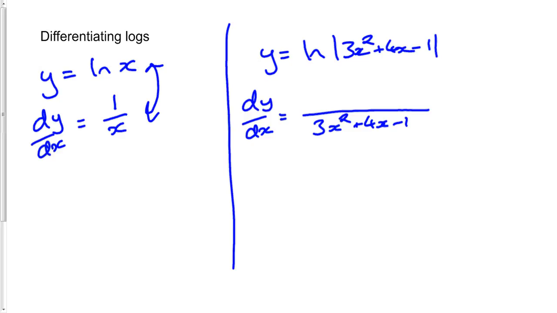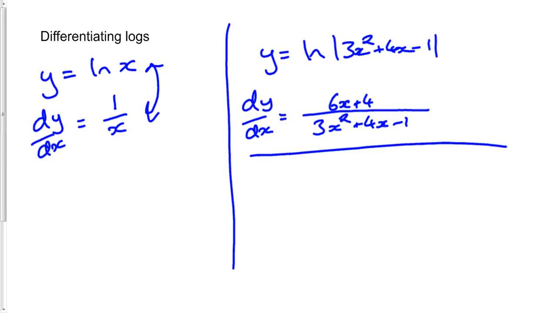And on the top, we differentiate what we've got on the bottom, and plonk it on the top. So if we differentiate 3x squared, we get 6x. If we differentiate plus 4x, we get plus 4. The 1 just disappears. So we end up with 6x plus 4 over 3x squared plus 4x minus 1.